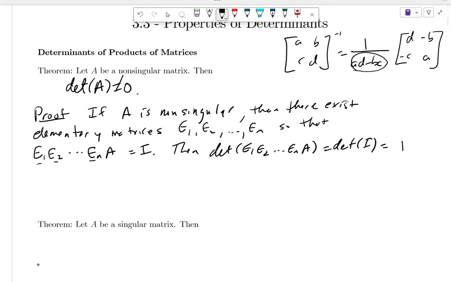So think about what the determinant does. We know that this determinant either multiplies by a constant, makes it negative, or keeps it the same depending on the row operation, right?